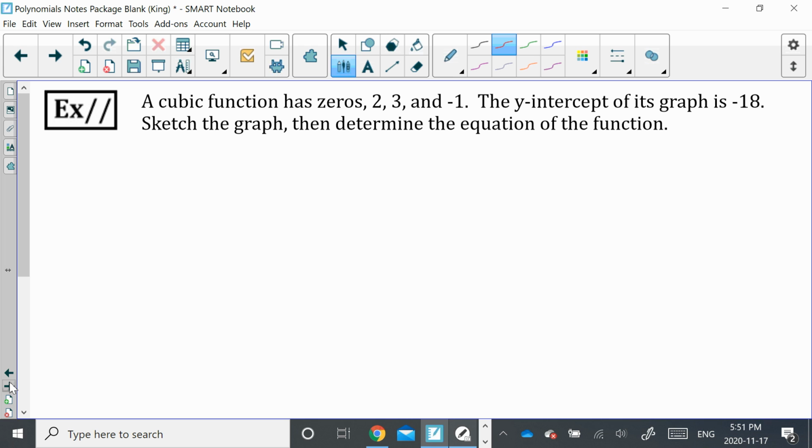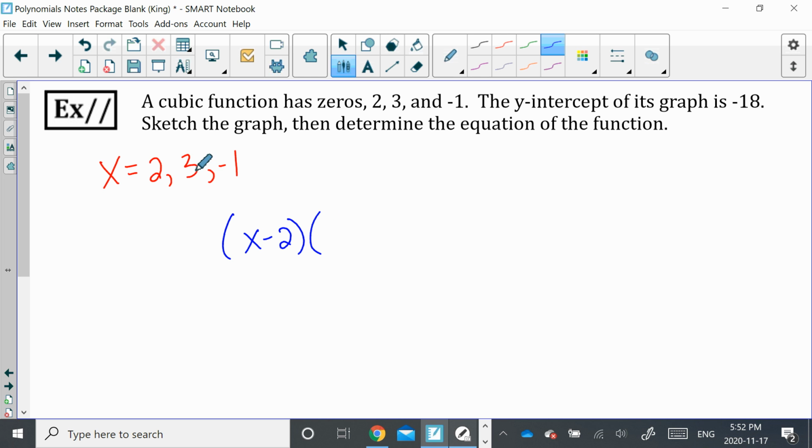So what it says is a cubic function has zeros of 2, -3, and -1. So from there, you're going to write the factors of this function. So the zeros, or the x-intercepts, are x is 2, x is 3, x is -1. If you know what the zeros or the x-intercepts are, you could easily figure out the factors. So I know that to get a 0 of 2, my factor would be x minus 2.